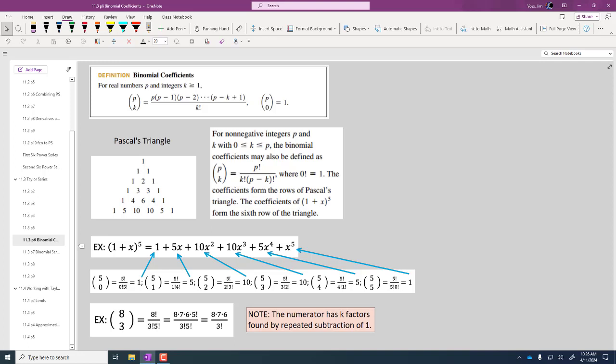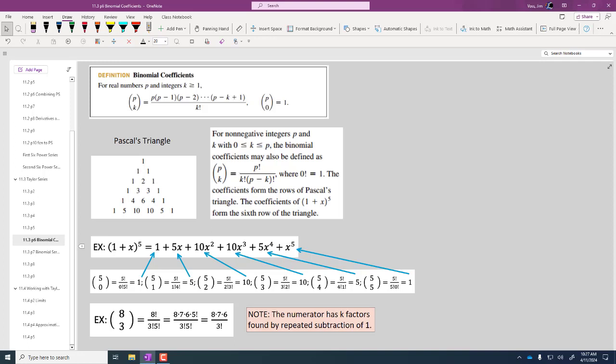In your mind, you're saying how many ways, let's just suppose we have a bag of 3 balls. How many ways can you pick 2 balls out of the bag? You can pick ball 1 and 2, you can pick ball 1 and 3, you can pick ball 2 and 3. So there's 3 ways. So that coefficient's going to give you that number, the number of permutations. Now the formal definition of P choose K is this right here.